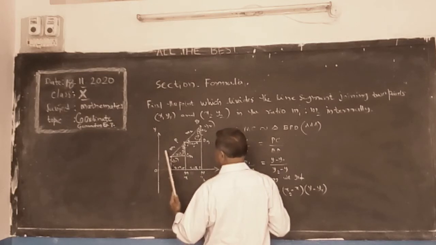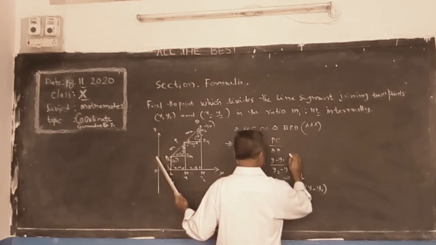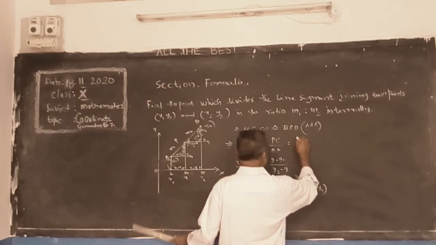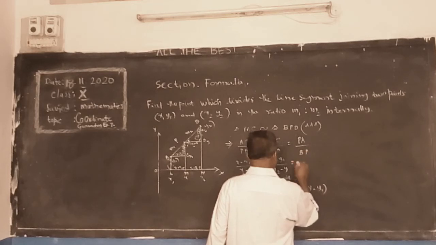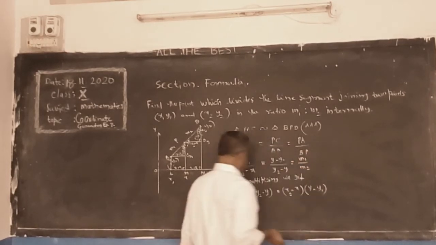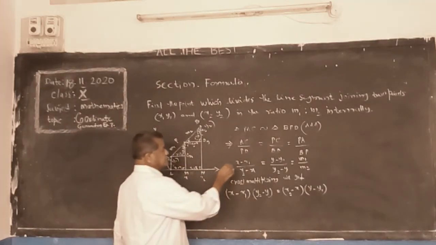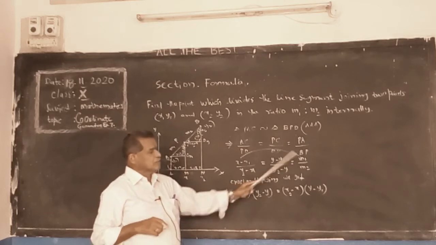The third side, opposite the 90 degrees, is PA by BP, which is m1 by m2. Now let us take only x coordinates and the ratio. The second time, y coordinates and the ratio.